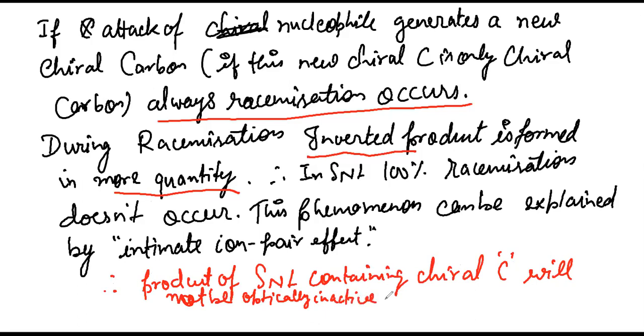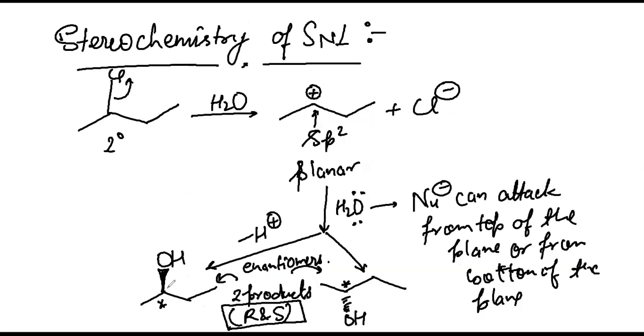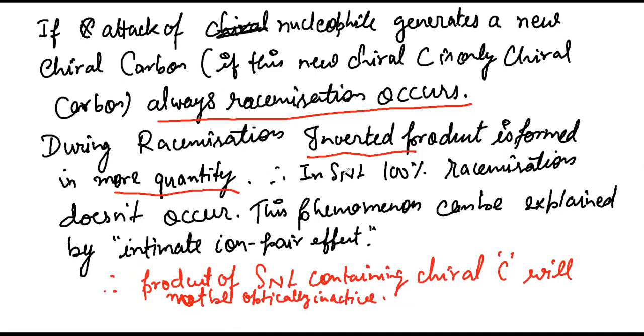Means in these two enantiomers, one will be formed in major amount. Either this or this, one will be formed in major amount. Since both are not in equal amount, 100% racemization will not occur. Partial racemization will occur. Okay, let's understand what I mean to say.